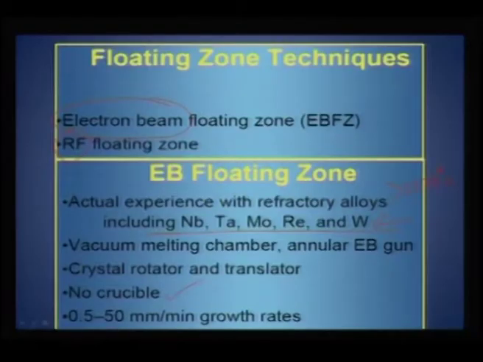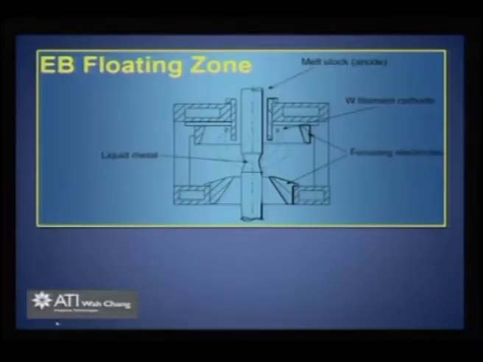Growth rates of 50 millimeter per minute can also be realized. Therefore, these are comparatively fast crystal growing techniques compared to the Bridgman method. This is the typical assembly for this EB floating zone, where you can see here the tungsten filament cathode. This is the melt stock, which is nothing but your anode.